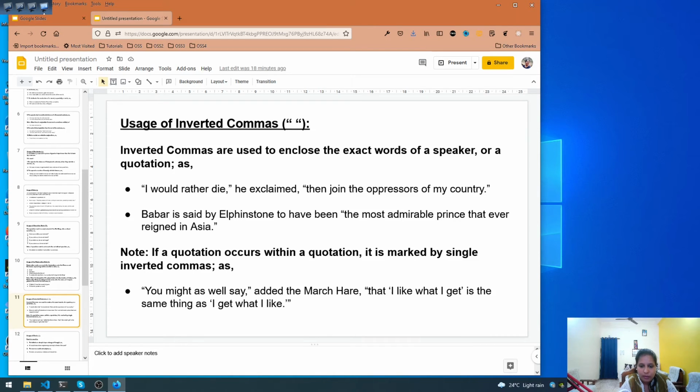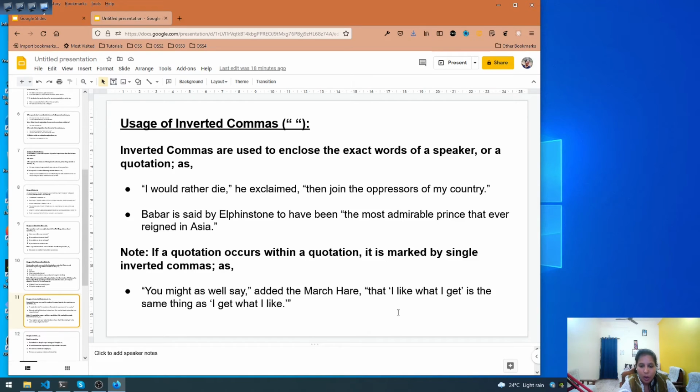Again, here Marchhare is telling somebody else what that person might say: 'You might as well say that I like what I get is the same thing as I get what I like.'